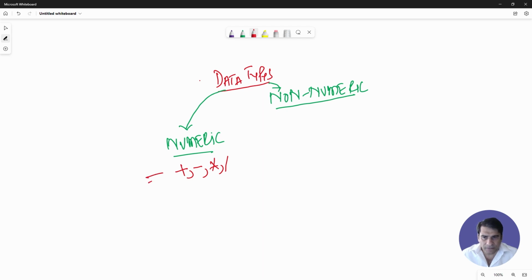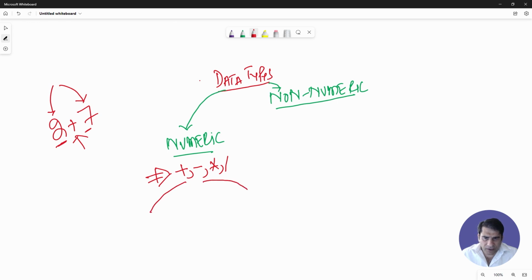For example, we write 2 plus 7. See here, we are trying to add 2 and 7. This is the addition process. We can only add these two if this is numeric data and this is numeric data. So the difference is the mathematical operation.